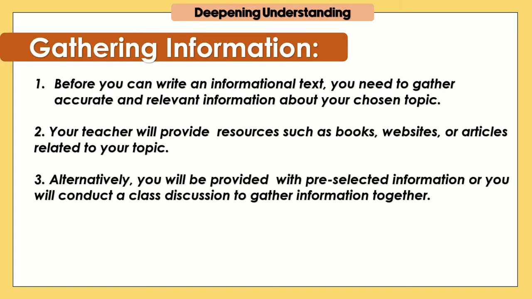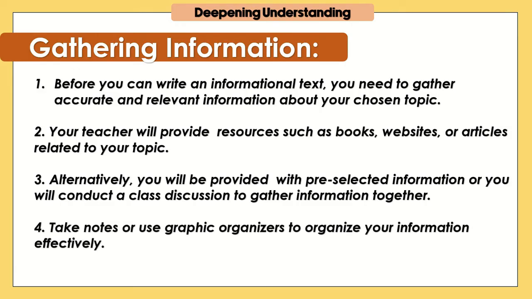Alternatively, you will be provided with pre-selected information, or you will conduct a class discussion to gather information together. Take notes or use graphic organizers to organize your information effectively.